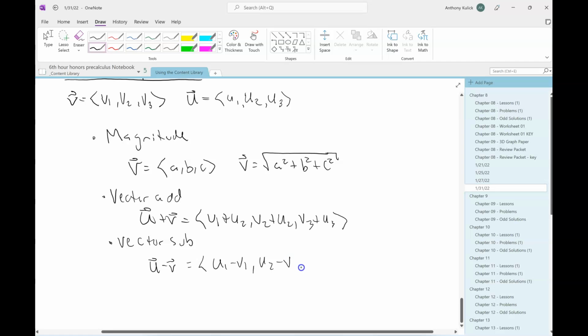And again, vector subtraction works the same way. I guess maybe we should write these in order. With addition, it doesn't really matter. But scalar multiplication works the same way.